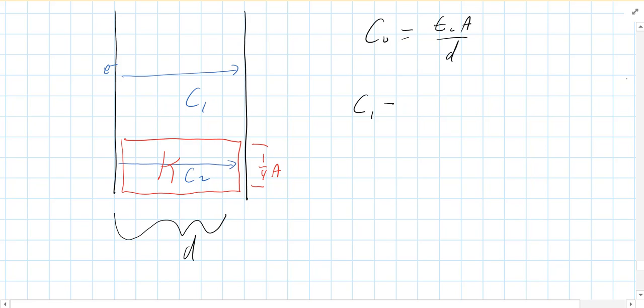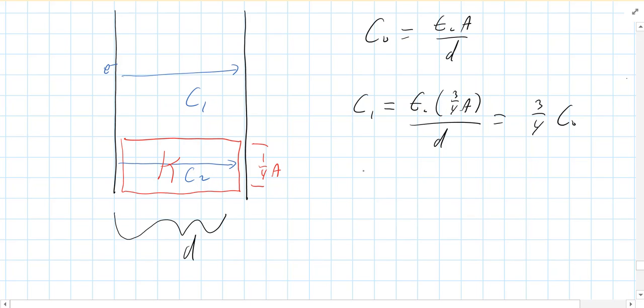So C1, well, it's epsilon naught, and now I just have 3/4 of the area, and the distance is still the same. So that would be 3/4 of C naught, right? Because epsilon naught A over D is the original, and then I have 3/4 of that. C2 would be epsilon naught times, well, here I only have 1/4 of the area, but I then have to multiply that by the dielectric strength.